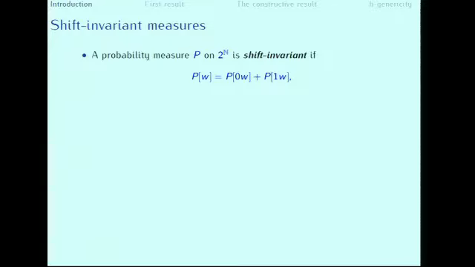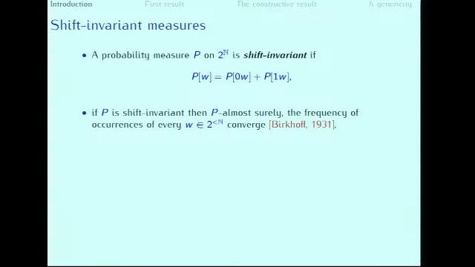So the main theorem, maybe the first important theorem in ergodic theory, is Birkhoff's theorem, which tells you that almost surely the frequency of occurrences of a word along the sequence converges. It's a kind of generalization of Borel normality.